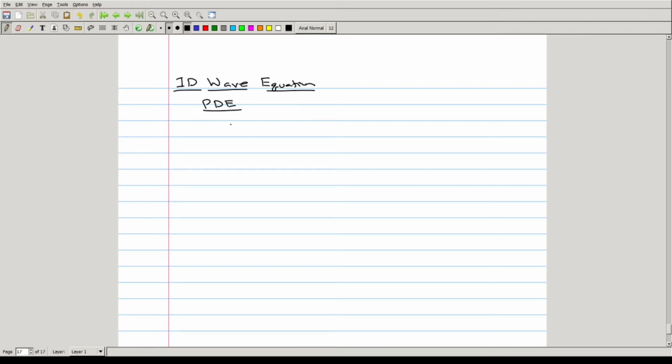This is the following PDE. It's a squared times the second derivative of u with respect to x is equal to the second derivative of u with respect to t, where a is the wave velocity, or the wave speed.